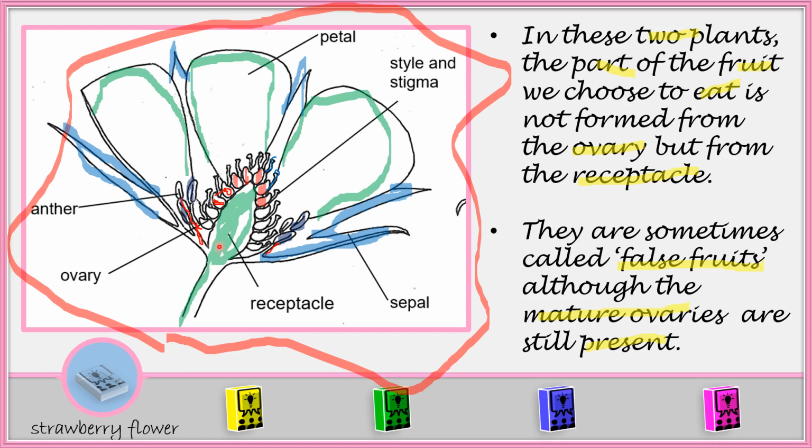Because it is not coming from the ovaries, but from the receptacle. Even when the fruit is formed, and the mature ovaries are still existing on the fruit, the fruit is mainly coming from the receptacle.